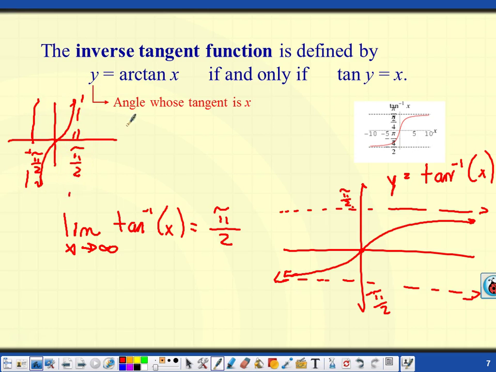So we restricted the domain to be from negative pi over 2 to pi over 2. And the range, though, was as low and as high as you wanted. Okay, so that's where we would look for tangent. I think that's maybe what you were more asking me, is where would I look if I was doing an inverse tangent problem, between negative pi over 2 and pi over 2.